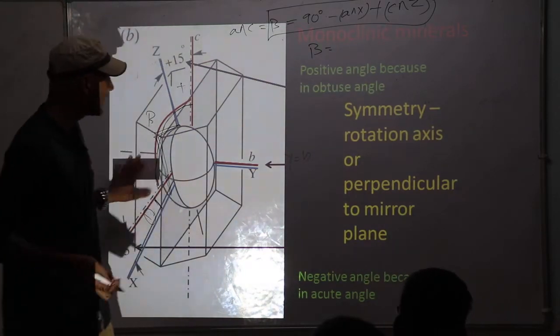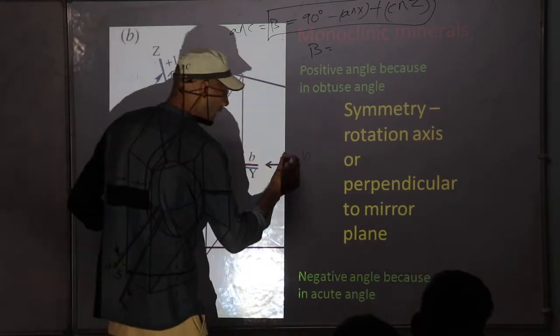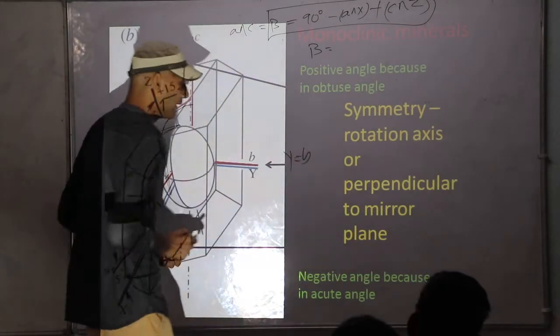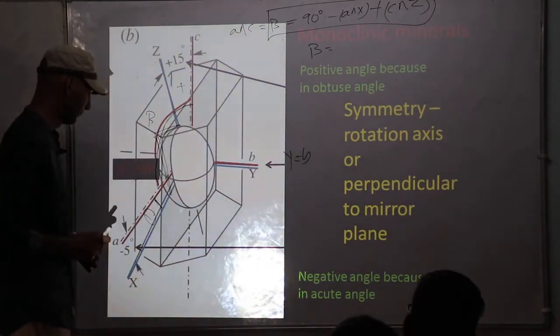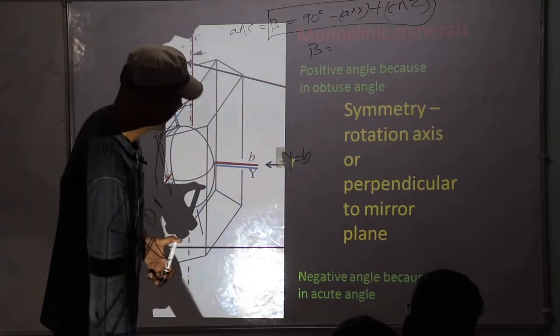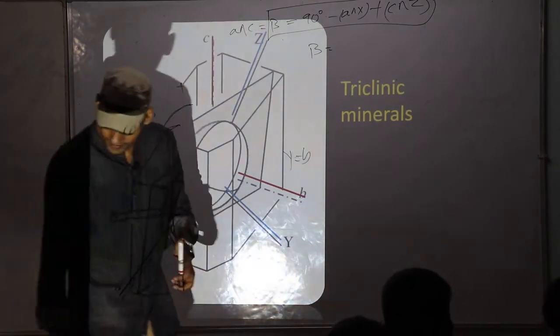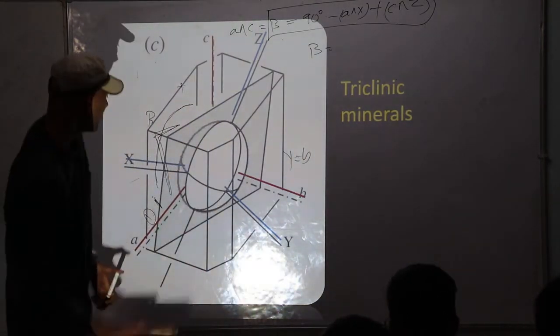Got that? One of the indicatrix axis must coincide with the crystallographic axis. Like here, Y is equal to B. Then moving to triclinic system, the three axes are at obtuse angle with each other.